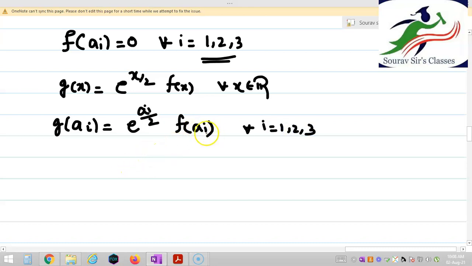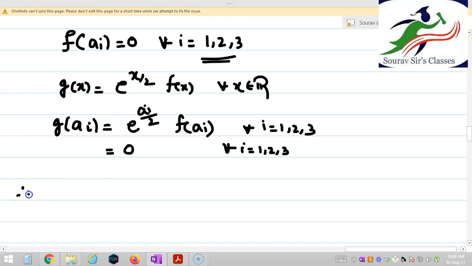Now the value of f of ai is 0 and e to the power ai for a fixed i is a bounded quantity, so 0 into a bounded quantity will be 0. So g of a1 is 0, g of a2 is 0, g of a3 is 0. So I have found 3 distinct roots of g.